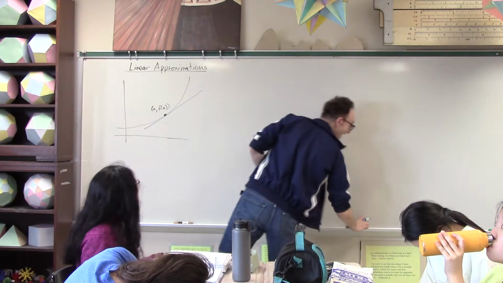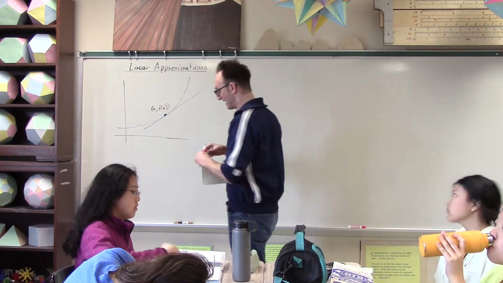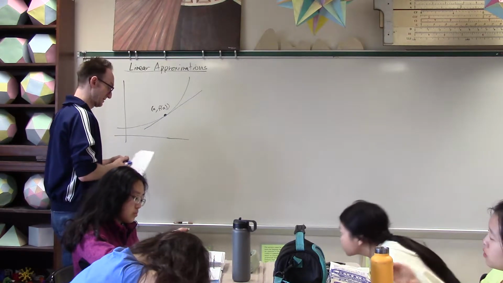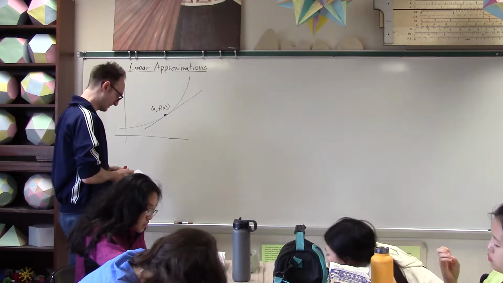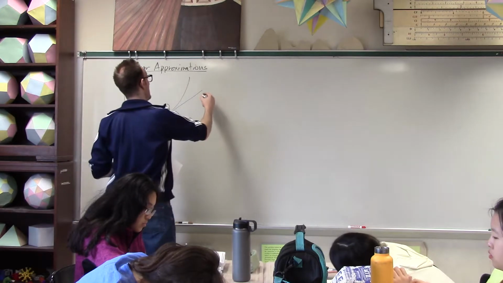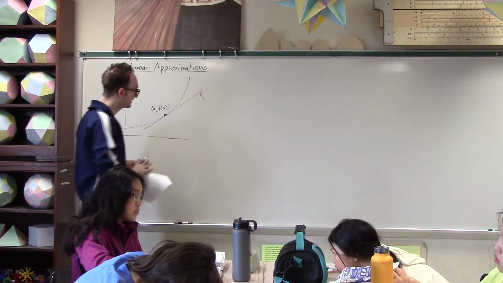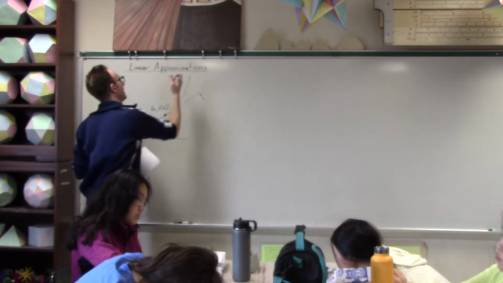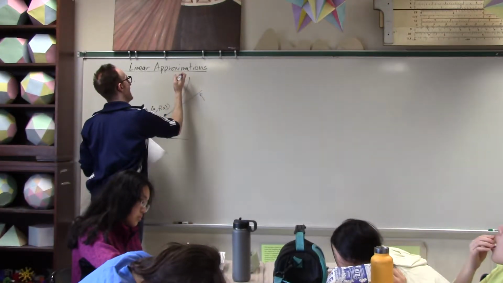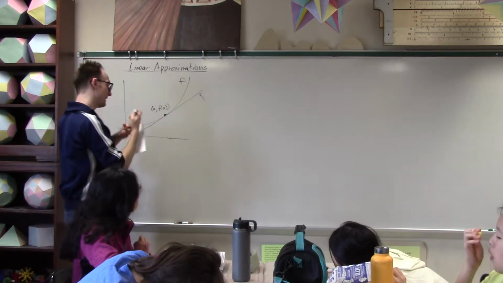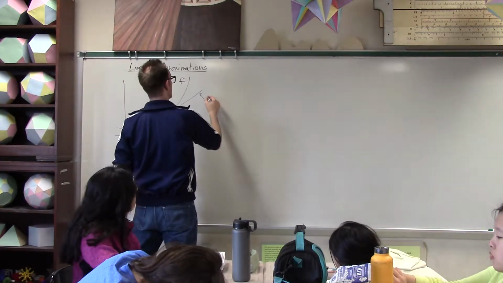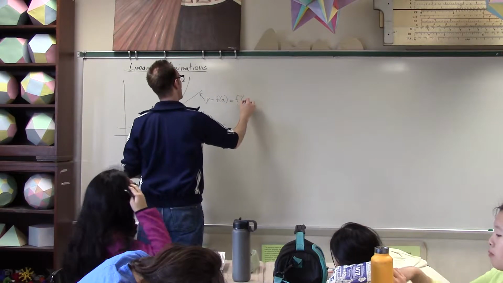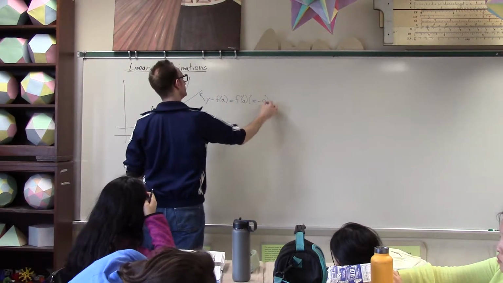Well then, I can write an equation for the tangent line. The equation of the tangent line to a generic function f at a point a will be y minus f of a equals f prime of a times x minus a.